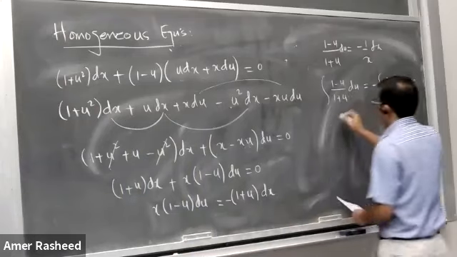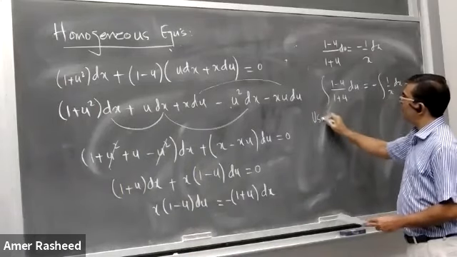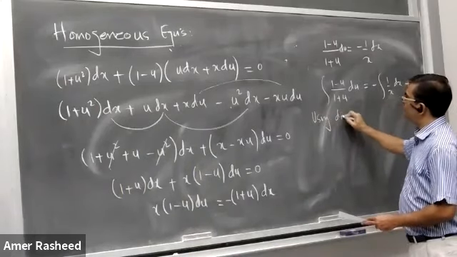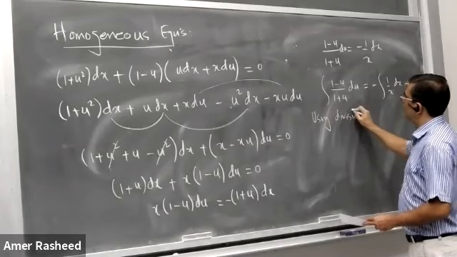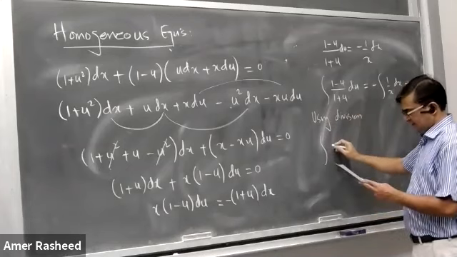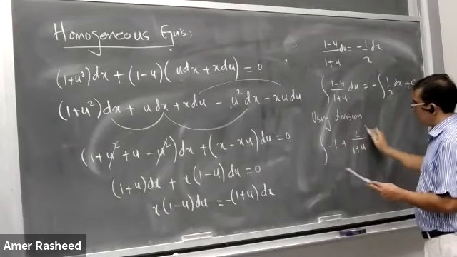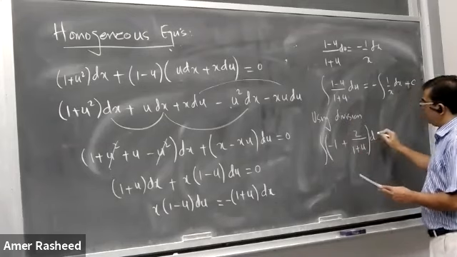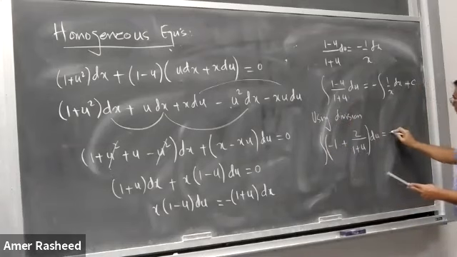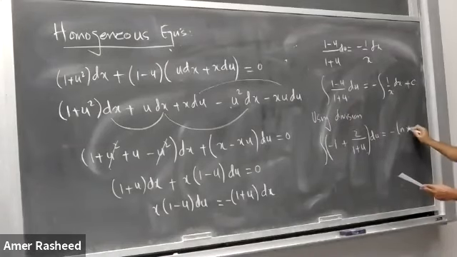Using division, I can write this thing as -1 plus 2 over 1 plus u. The integral of this thing is negative of log x plus c.